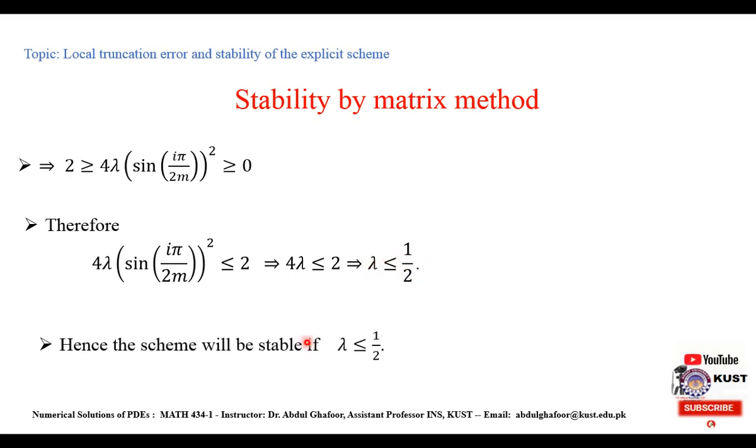Hence the scheme will be stable if lambda is less than or equal to 1/2. So we have to adjust lambda accordingly. If the value of lambda is greater than 1/2 in the explicit scheme, this will give you drastic results. This is the stability condition, and according to it we have to adjust our h and k.